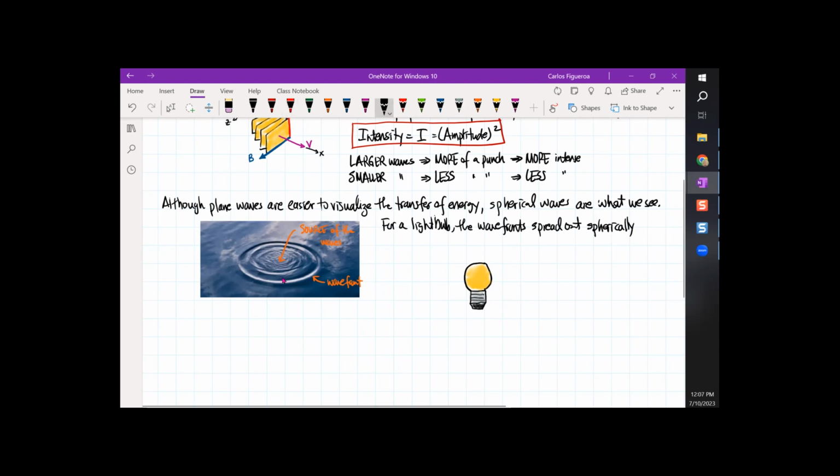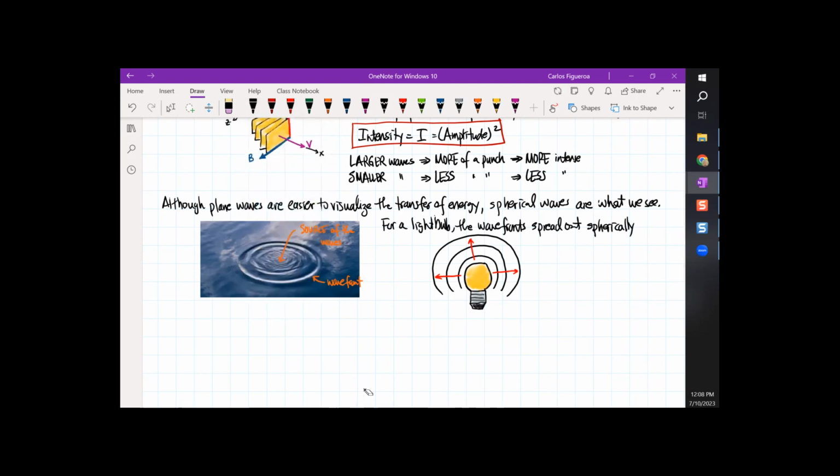So when I'm looking at waves here, what am I actually seeing? There are wavefronts that are spreading out as they go out. When you look at the intensity of these lights, the intensity clearly has to be proportional to the area, the location you're actually looking at.